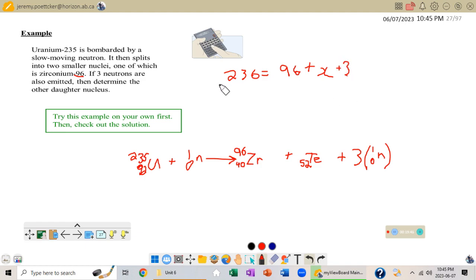Solving this, of course, is 236 minus 96, and then subtract 3. So let's do that. And that tells me this is going to be tellurium-137.